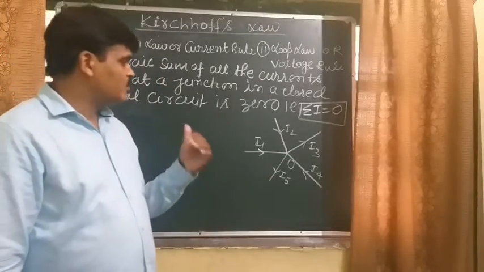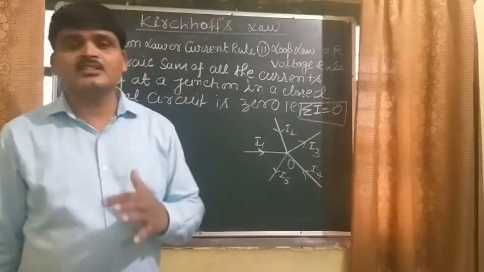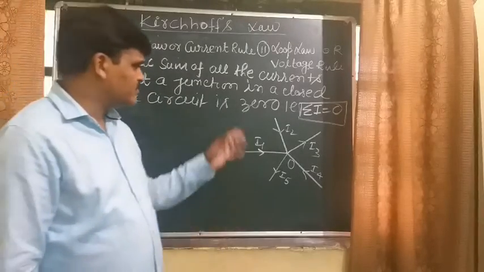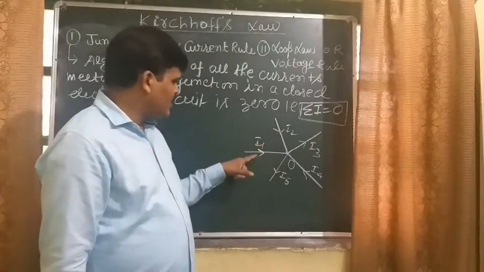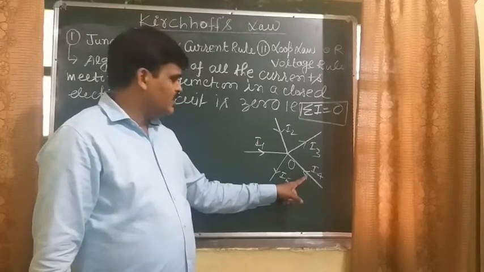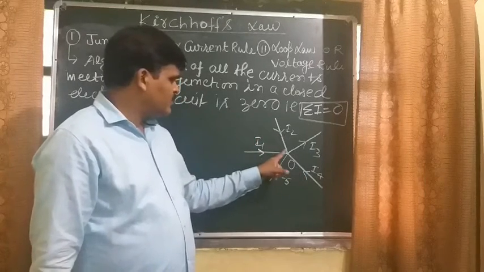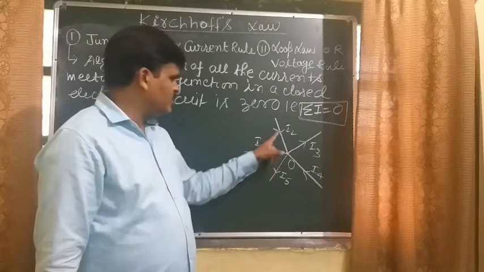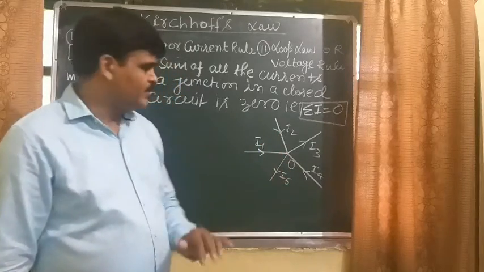It means those currents entering the junction are taken to be positive. So in this diagram, I1, I2 and I4 are toward the junction O, so their value is taken to be positive.